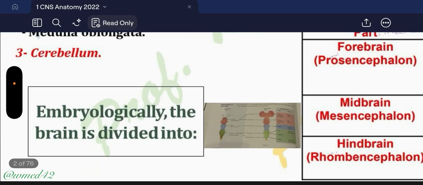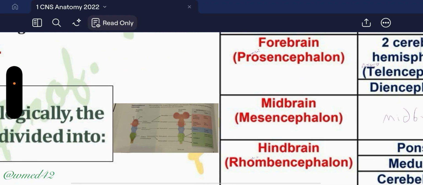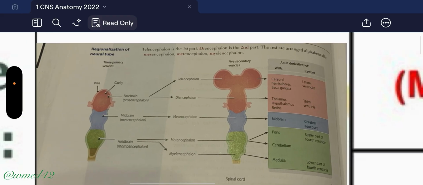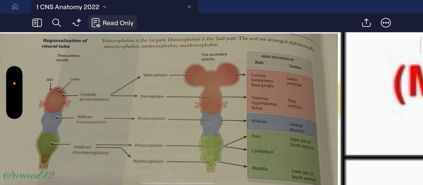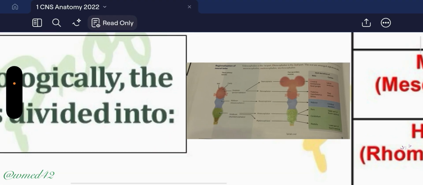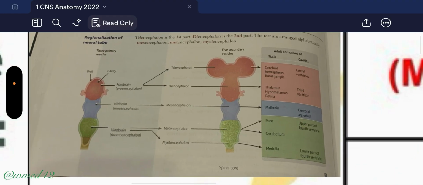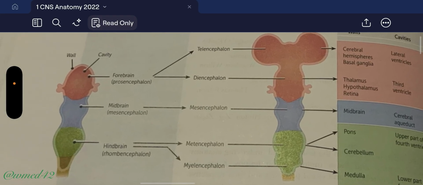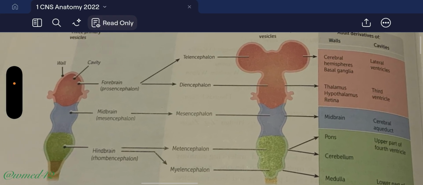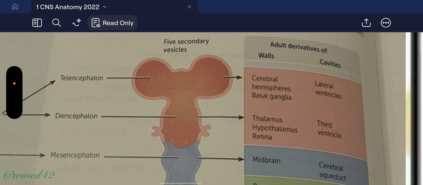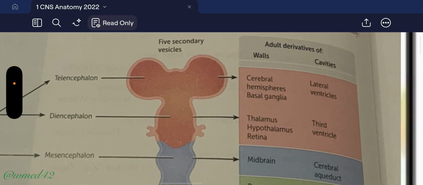Embryologically, the brain is divided into the forebrain, midbrain, and hindbrain, and each one gives a division to be developed later. The forebrain, which is the prosencephalon, gives the telencephalon and diencephalon, and each gives the adult derivatives of the walls and the cavities in this table.